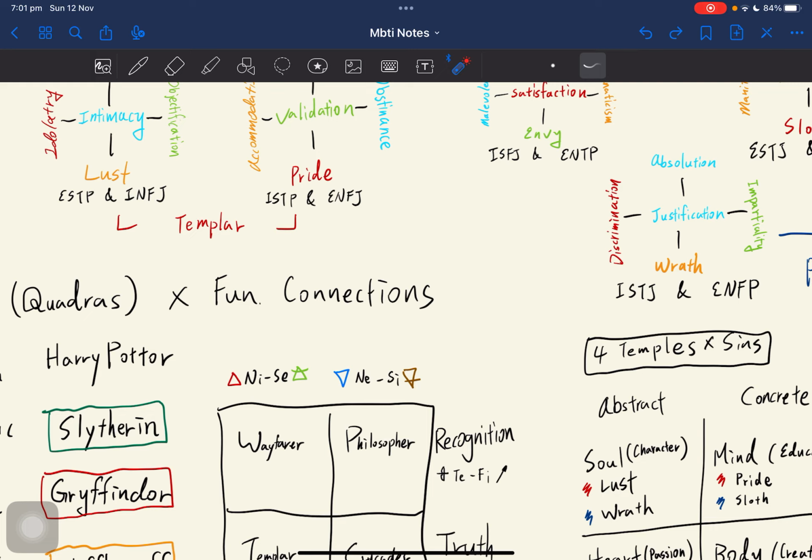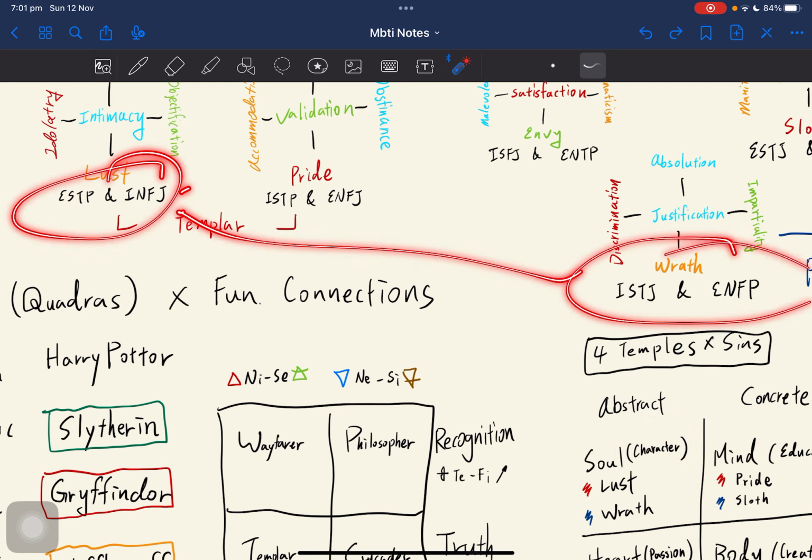That's why they are all in a soul temple. And so if you are someone who focuses on the character a lot, there's a high chance you are in a soul temple, so you are one of these 4 types.